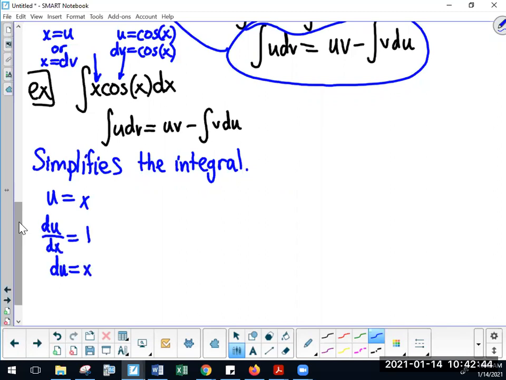Okay. If I were to let x equal dv, I need v. So that means I need an antiderivative here.